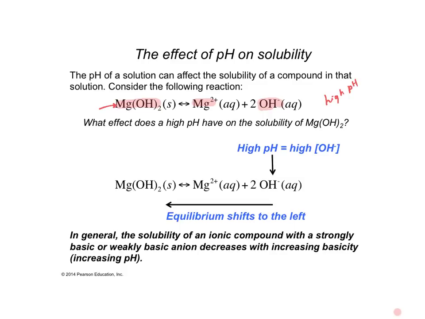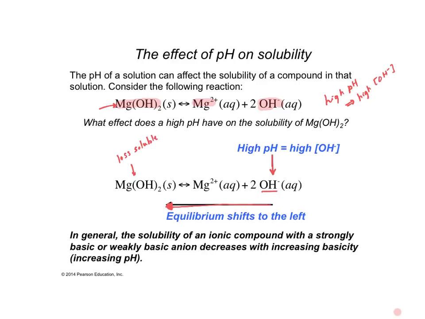High pH, since you are now experts on acid-base chemistry, indicates a high concentration of hydroxide ion, which is a common ion with respect to magnesium hydroxide. So high pH introduces our OH minus. This will shift the equilibrium back to the left, which means that magnesium hydroxide in a solution that has a very high pH will be less soluble.